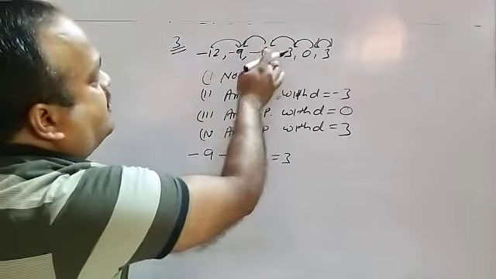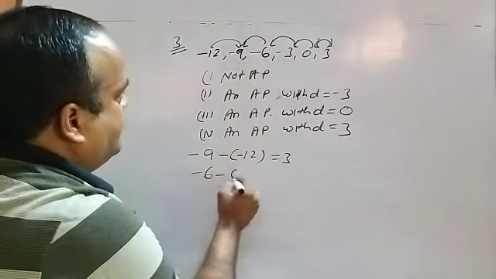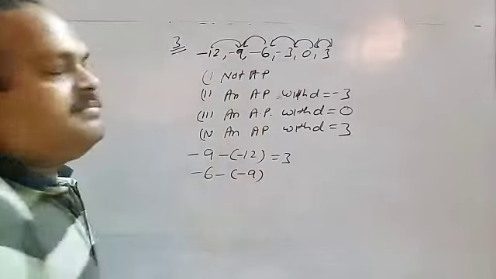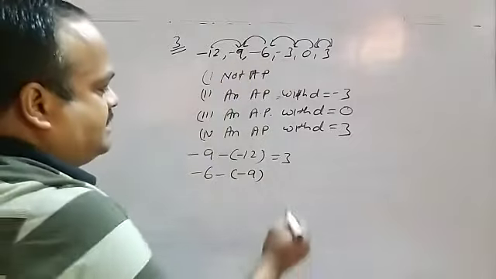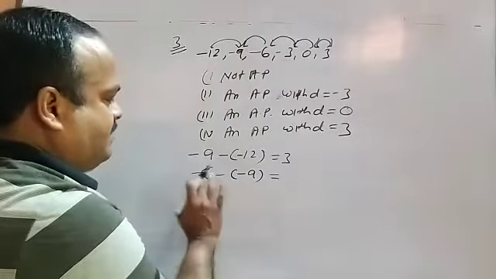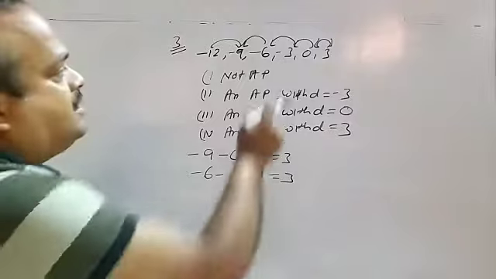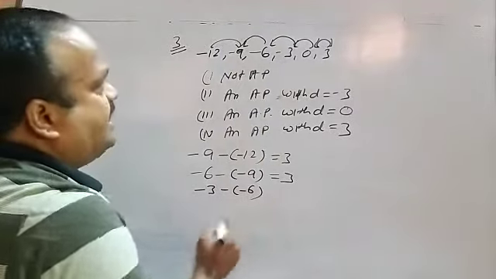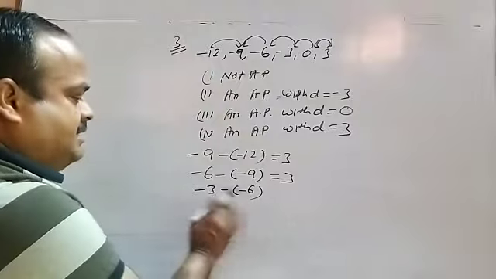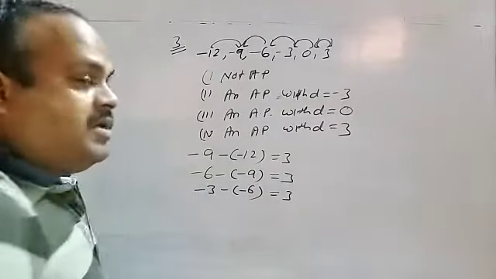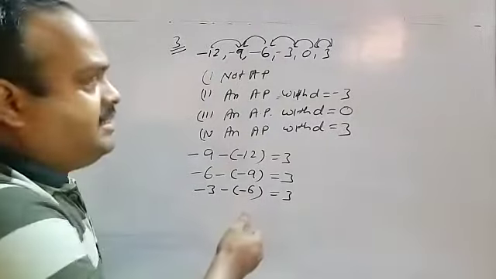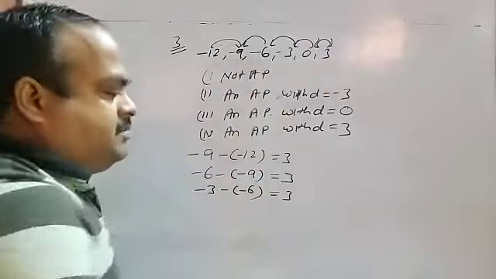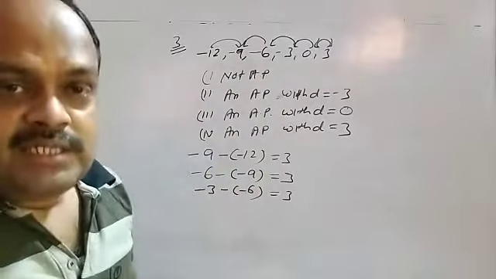Second one, -6 minus (-9). So +9 minus 6, 3. Next one, -3 minus (-6), 6 minus 3, 3. So here we see that the difference between two consecutive terms is constant and it is 3.